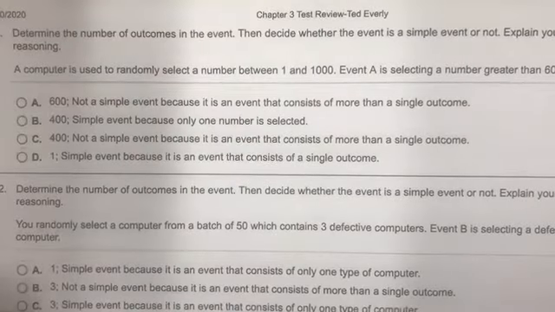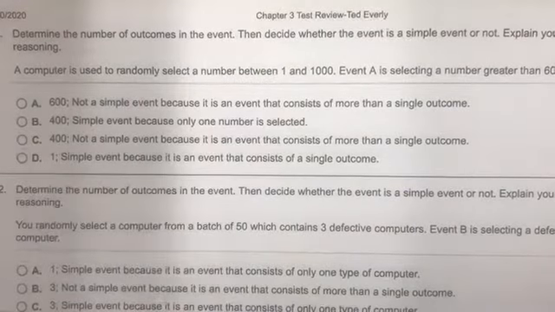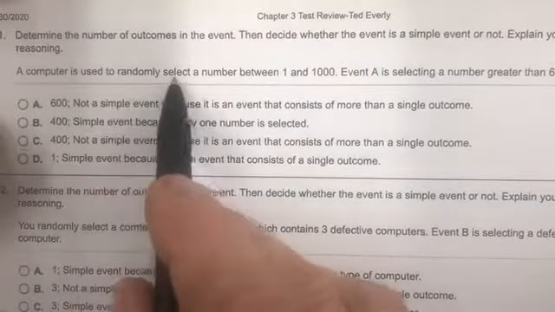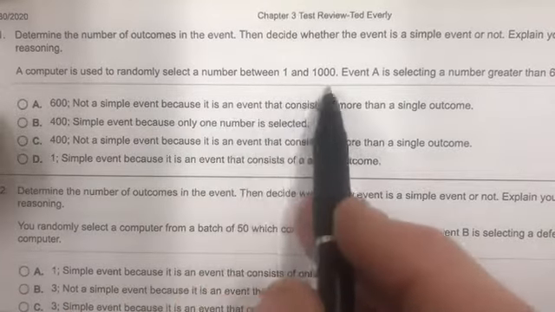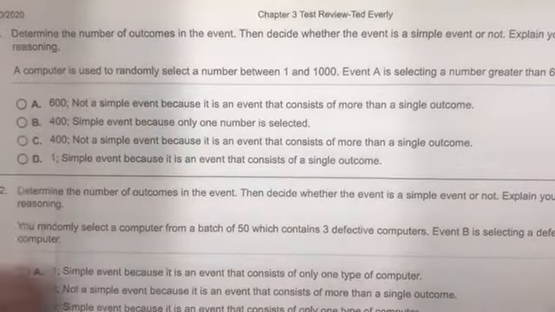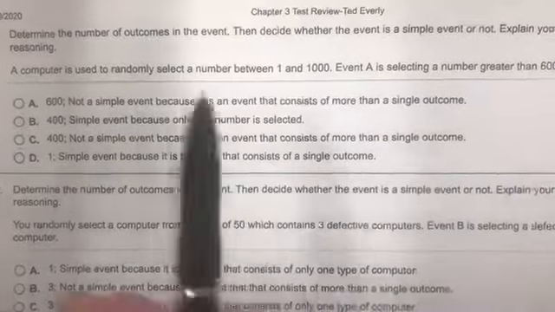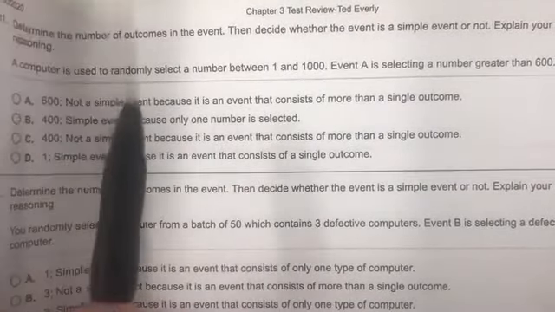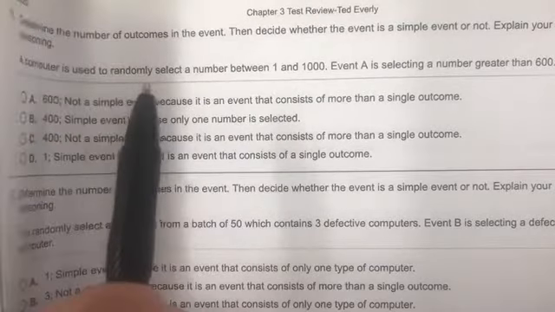All right, number 11. Determine the number of outcomes in the event. Then decide whether the event is a simple event or not. The computer is used to randomly select a number between 1 and 1,000. Event A is selecting a number greater than 600.